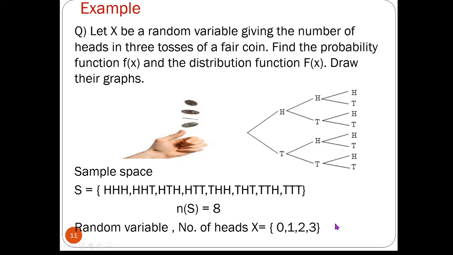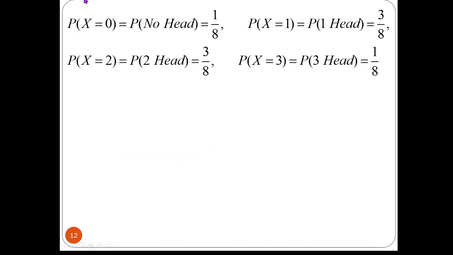Now we are going to find the probabilities for these different values. The probability of x equal to 0, that is the probability of no head, is 1 by 8, because there is only one sample point in the sample space with no head out of 8 sample points.